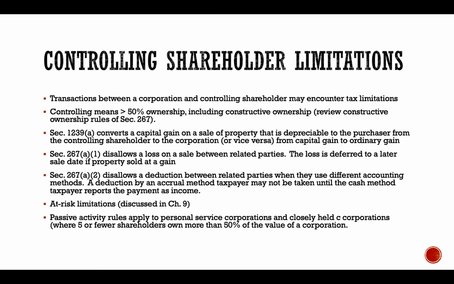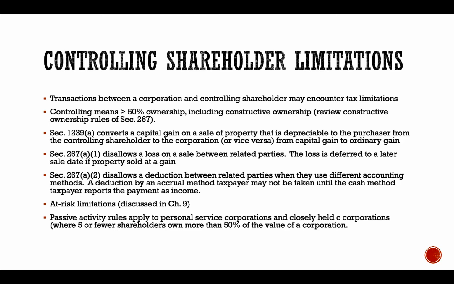The loss is going to be deferred to a later date if the property is sold at a gain. So this makes sense because if I as a taxpayer for some reason can't take that loss, but my related party corporation can take that loss, I might sell that, not get to take the loss, but preserve the loss for later.